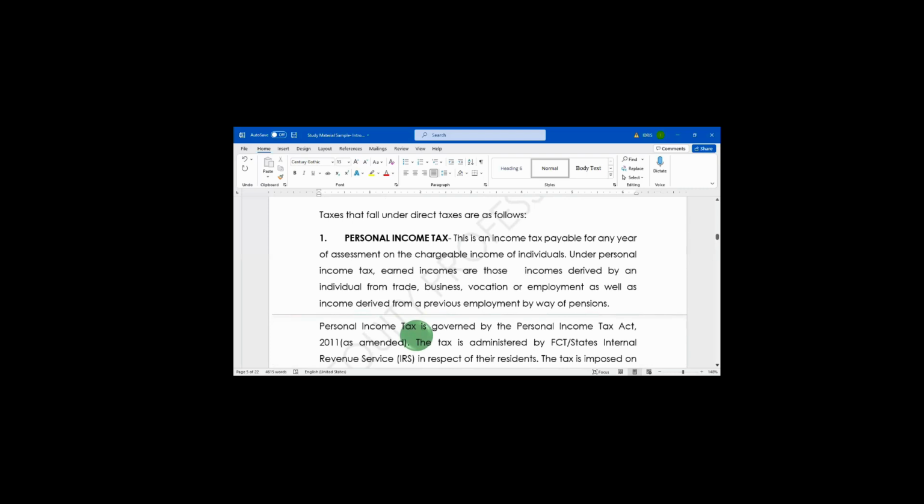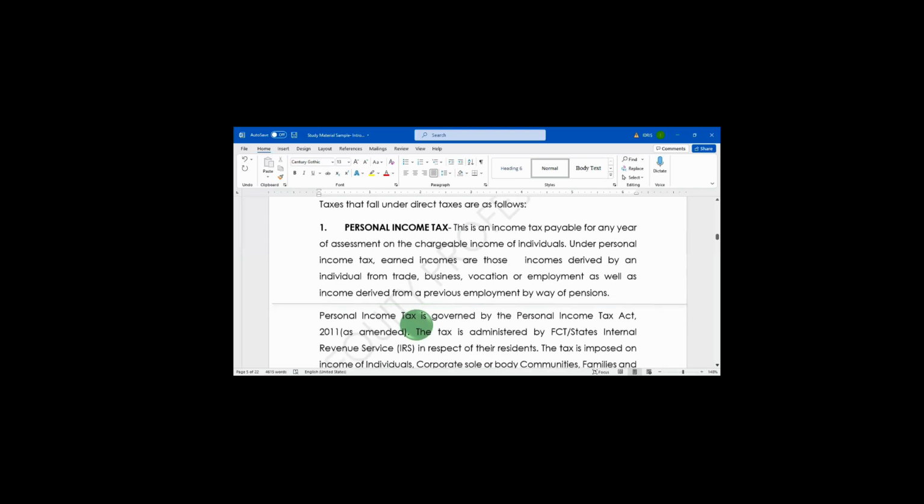Personal income tax is a tax on income derived by individual, trader, trustee, it is otherwise as you earn.